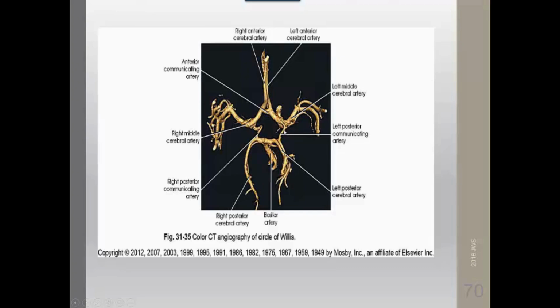Then you have the posterior communicating arteries that connect the middle cerebral and the posterior cerebral arteries that come off here. The left and right vertebrals come up forming the basilar artery, which joins in here and feeds the brain as well. It's a popular place for aneurysms down here, this basilar artery, so we have to watch that real close.